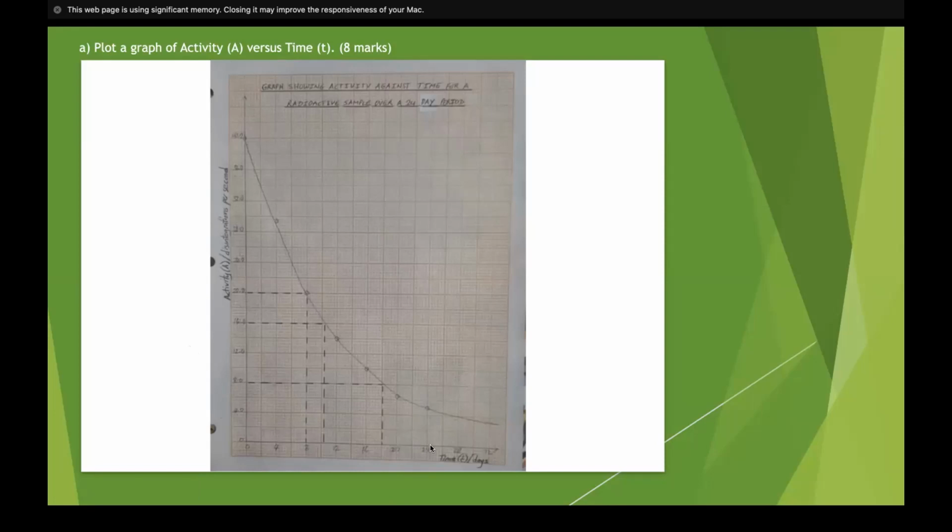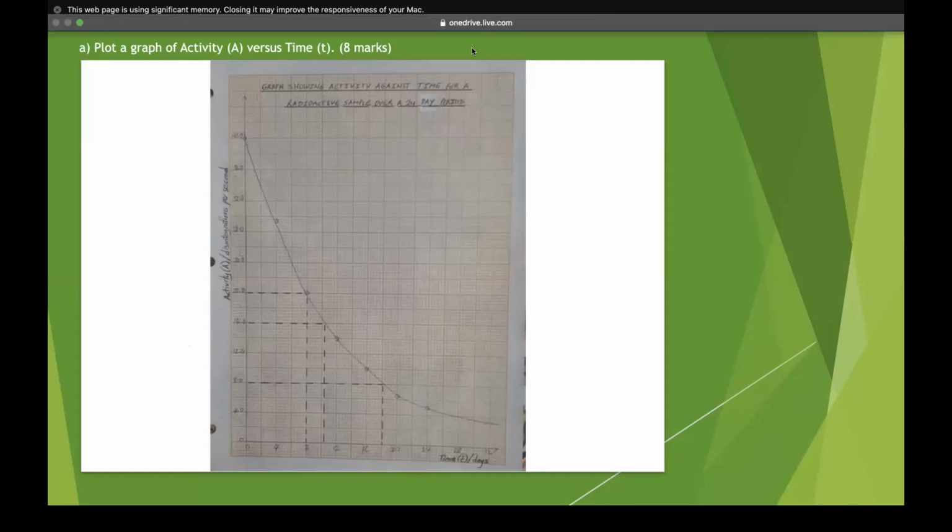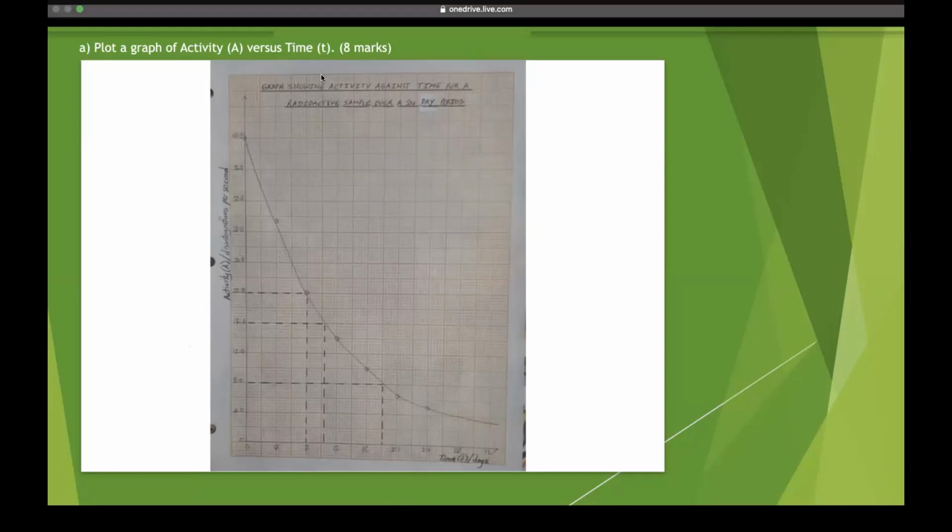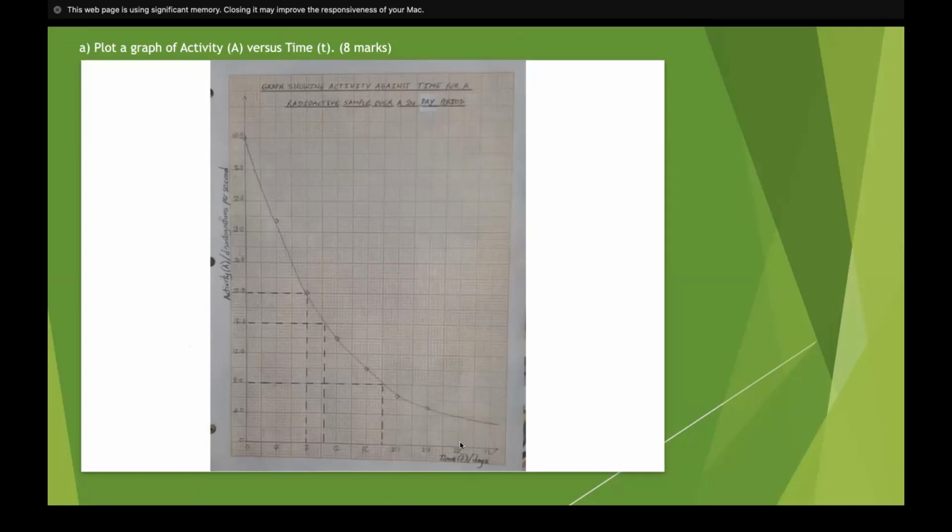So the graph is not so very clear, but 25 days would be somewhere off here.